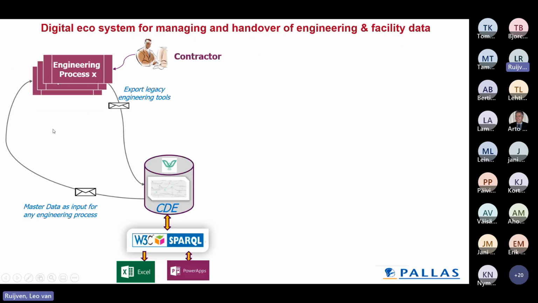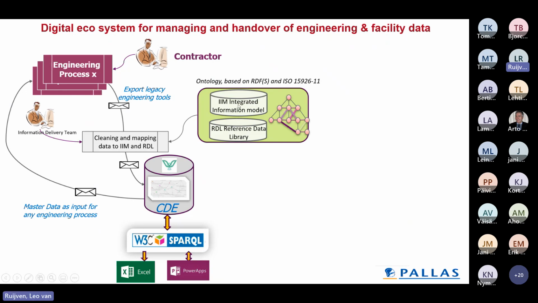So we arrive at a kind of ecosystem, in fact, covering the engineering processes over all disciplines, all contractors, over the whole life cycle. We get the export of legacy engineering tools. We clean them based on the integrated information model and reference data library.